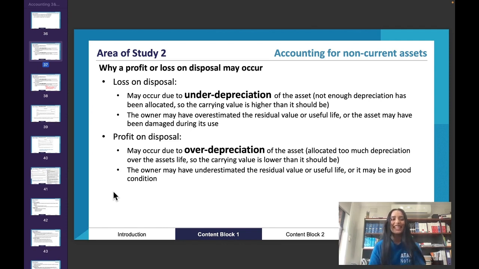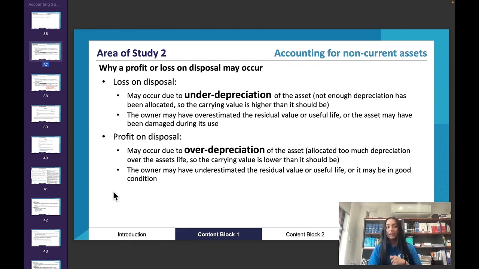So, to summarize that, basically, with under depreciation or over depreciation, there are two explanations. The first explanation is that the business incorrectly estimated the residual value and useful life, and they either overestimated the residual value or useful life, or they underestimated the residual value or useful life.